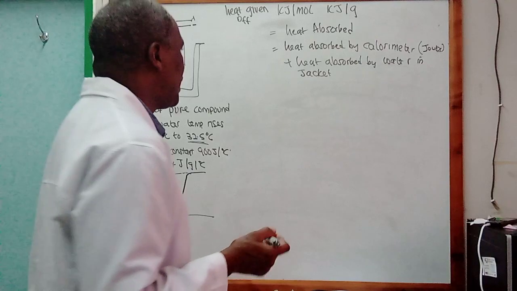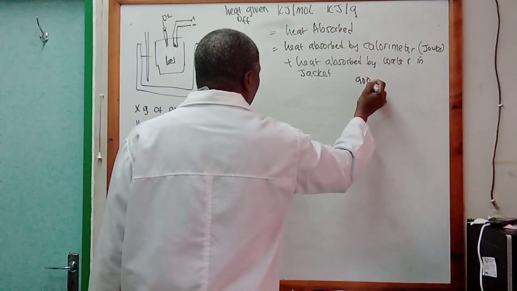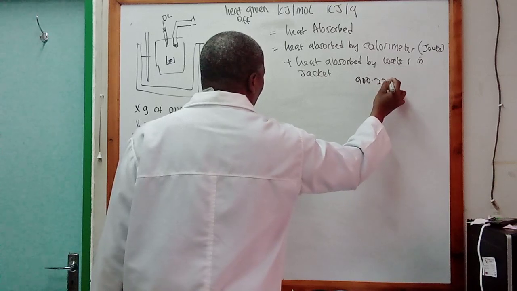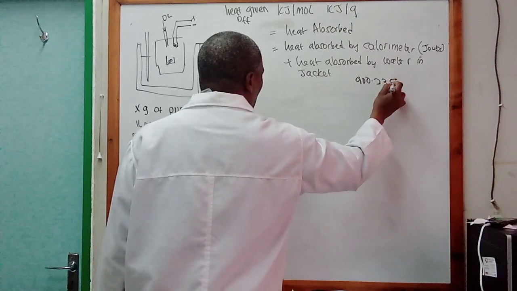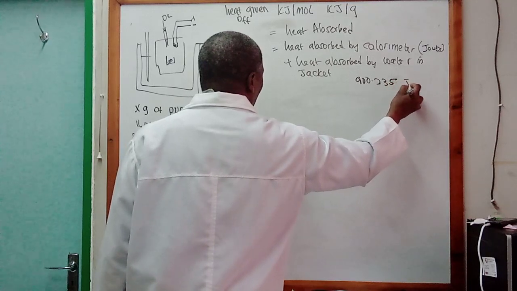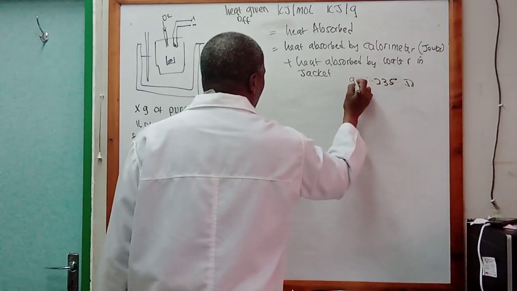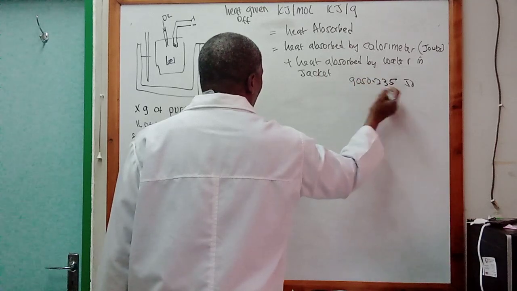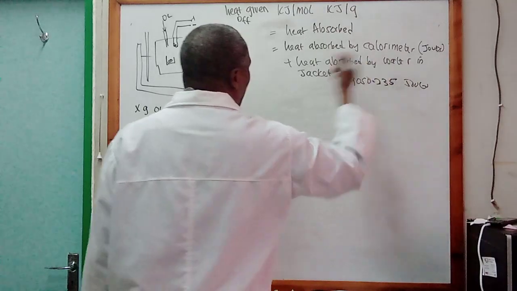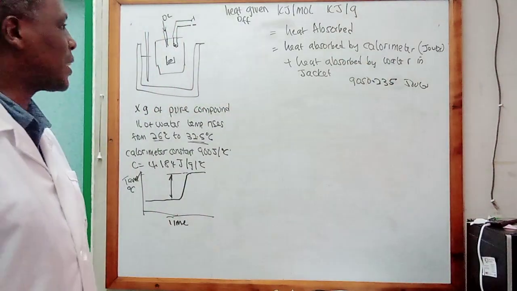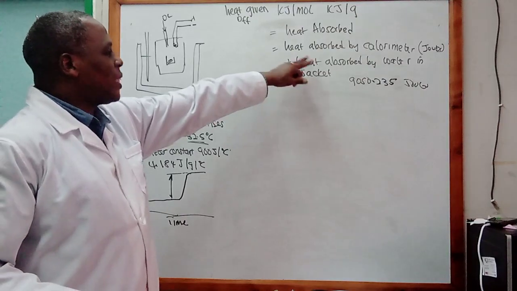So, for example, if you get something like 900.2345, probably you may need to reduce it to 5 joules, or if this is going to be 9050 point whatever, those decimals, you still leave them the way they are for the time being. So that's the first unknown.